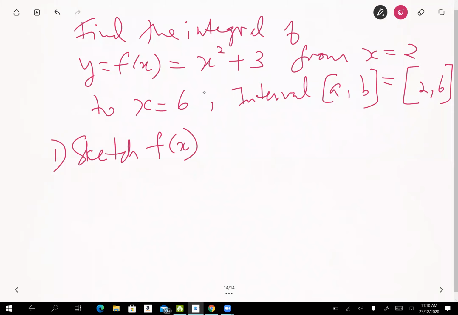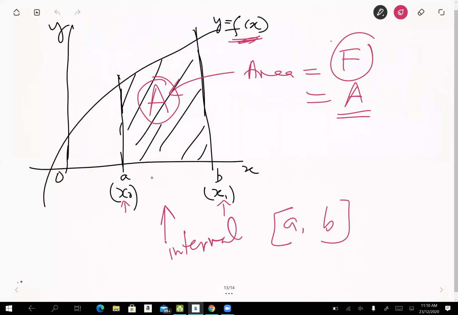Sketch, don't draw. I just want to see the shape of the curve. Then you denote the points x equal to 2 and x equal to 6, and we know that would be the area that we want to find.